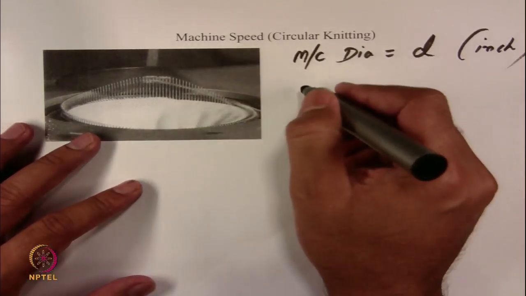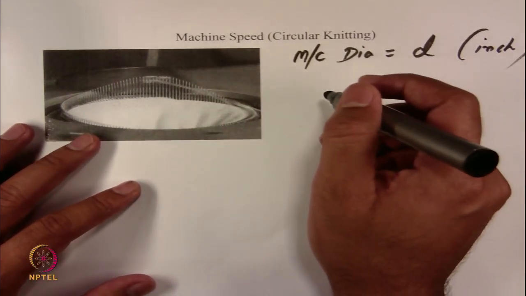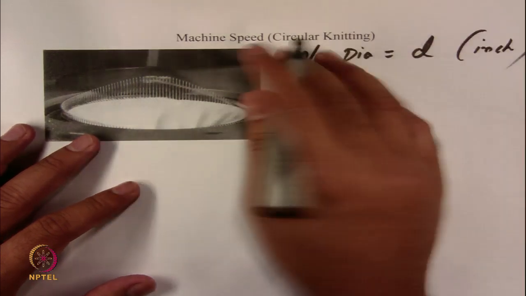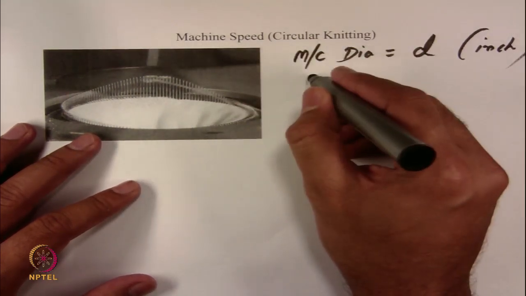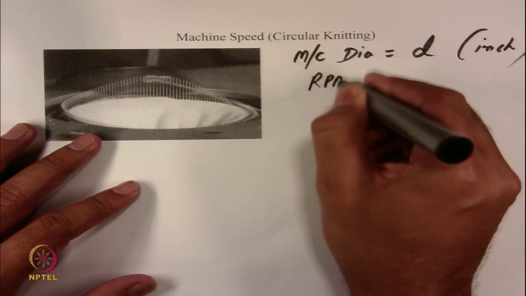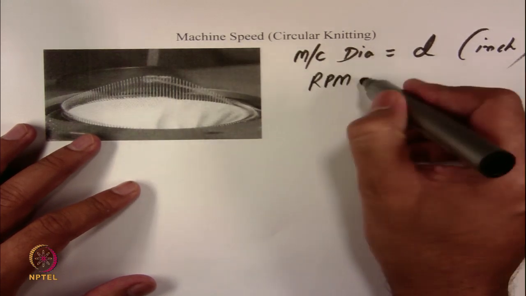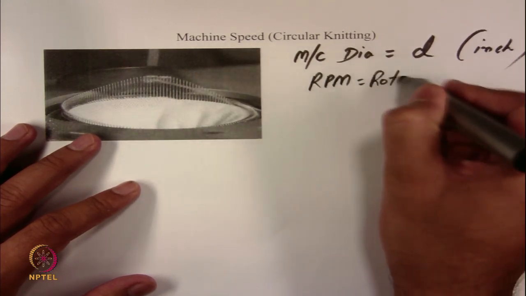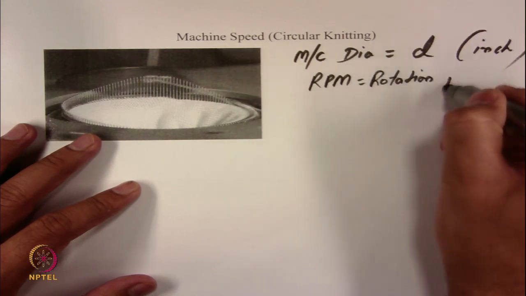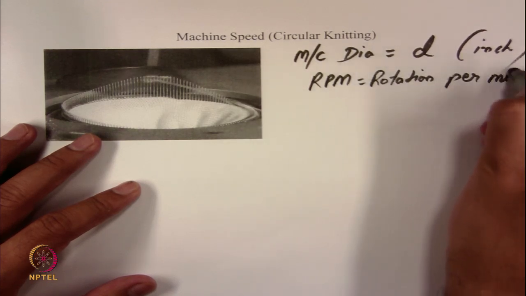The second value which is given by the machine manufacturer is the machine RPM, that is, rotations per minute.